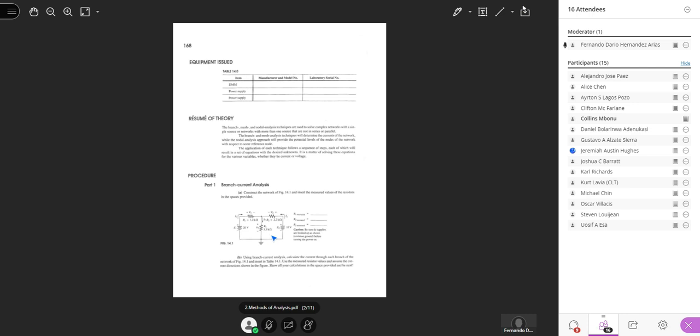Your equation will be 10 minus I2 times R2 minus I3 times R3. So you will have two equations right now, but you have three unknowns: I1 is unknown, I2 is unknown, and I3 is unknown.